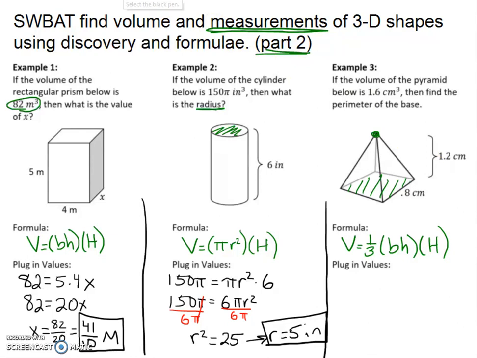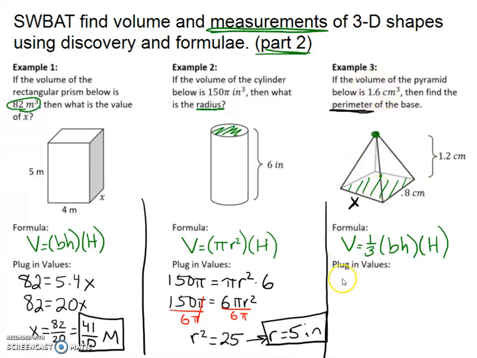I'm noticing that this particular example doesn't ask for this value. I don't know what it is, but they didn't ask for that. They asked for the perimeter of the base. So after we find what x is, we're going to have to go back and find the perimeter.